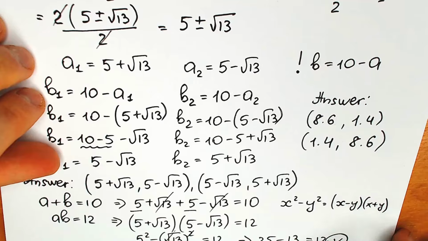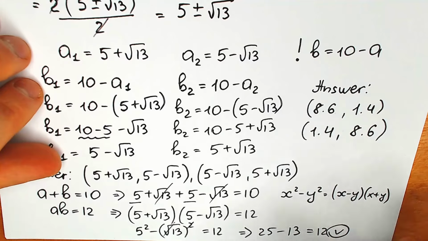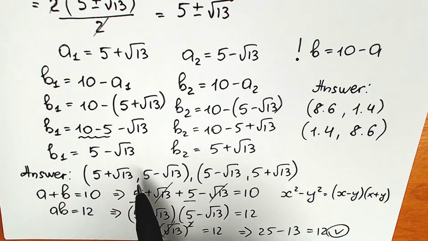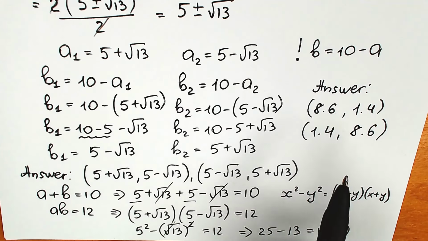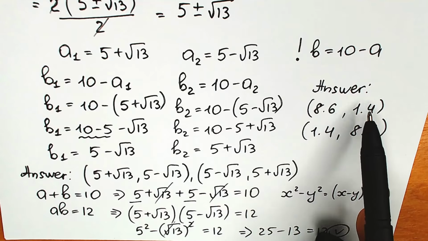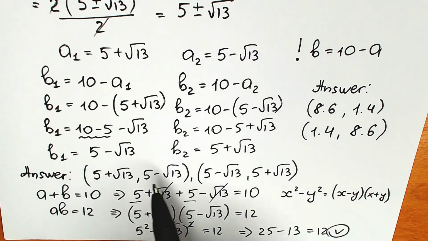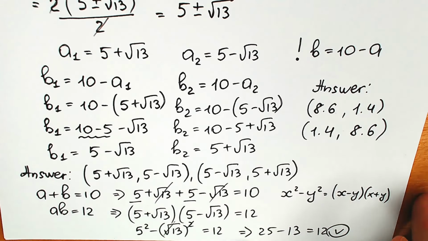So these are two answers. Maybe you're sitting on your exam, and this is absolutely enough for you because you can't use a calculator. But if you're interested, this is our answer in terms of decimal values. Okay, we have absolutely the same thing, but in a different interpretation.